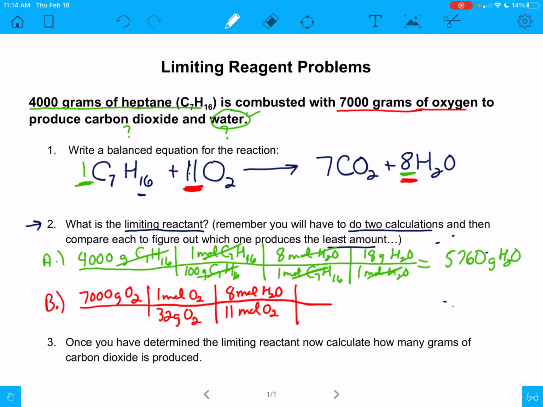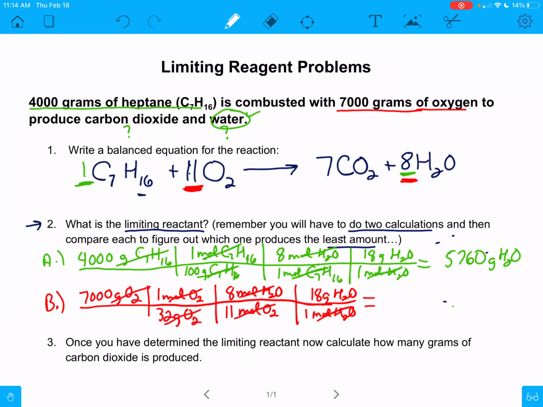And then finally, the last step is to go from moles of water into grams of water. So I know that 1 mole of H2O is the same as 18 grams of H2O. Moles canceled, grams canceled, and I'm left with grams of H2O again.